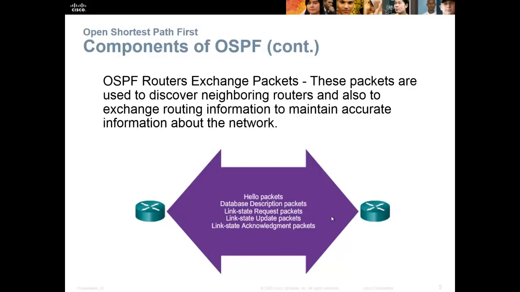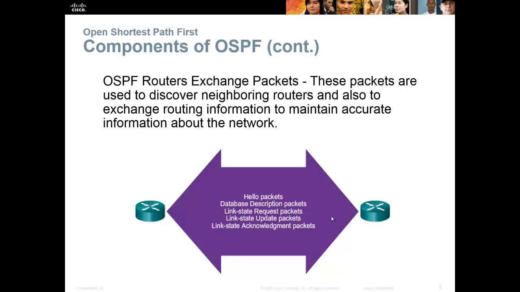Then they send database descriptions, which are like a summary of the routes that the router knows about. The neighbor gets that and says, hey, you know about 2 routes that I don't know about. So that router sends a link state request asking for updates on those 2 networks. Then the first router says, here's your updates, and sends those. And then acknowledgments are used to acknowledge the other packets. So that's kind of how the packets work.